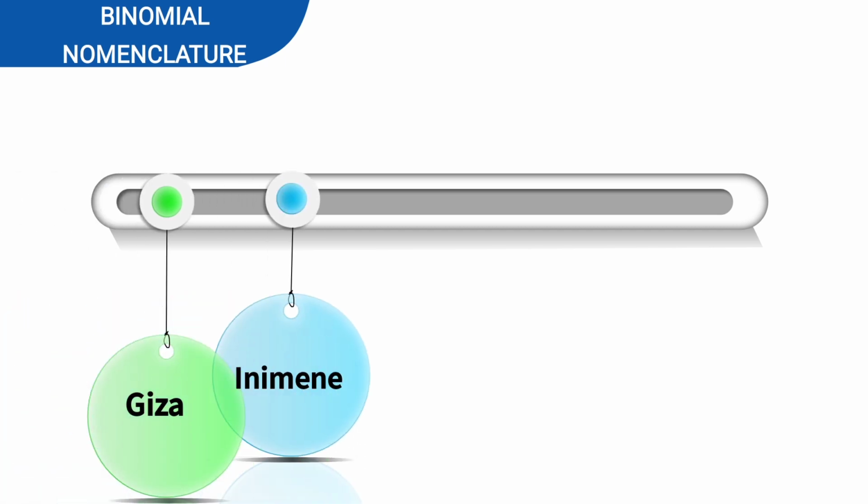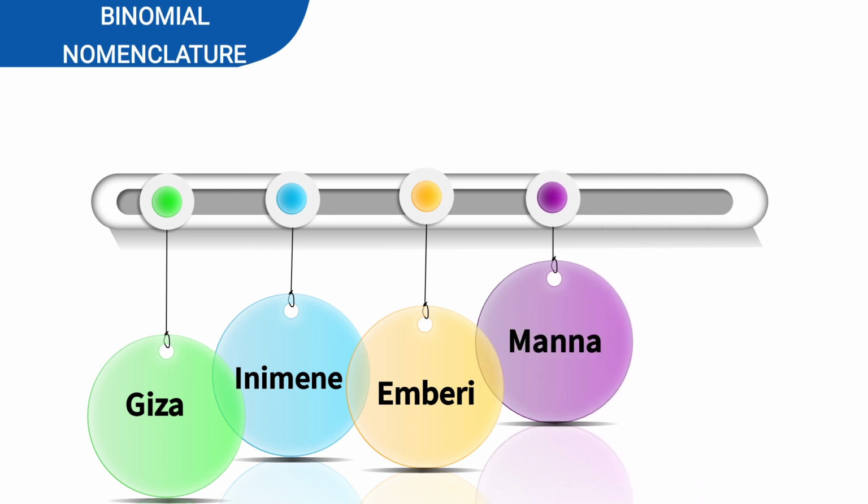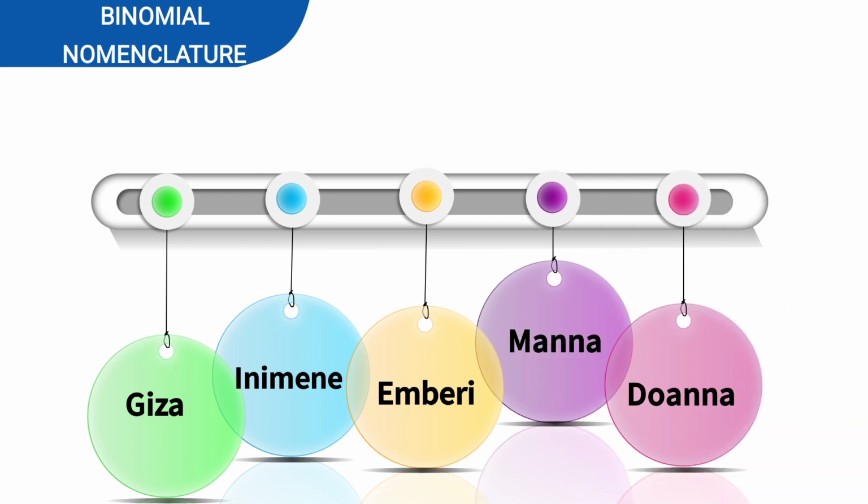So next one is binomial nomenclature. Before getting into this topic, first you tell me what it is. See, this is a word called giza. Another word, inimin, and emberi, manna, and duana. So what are these words? Any guesses? What is the meaning of these words?